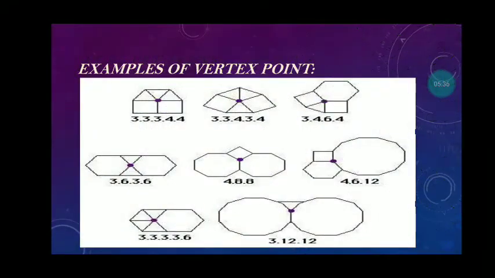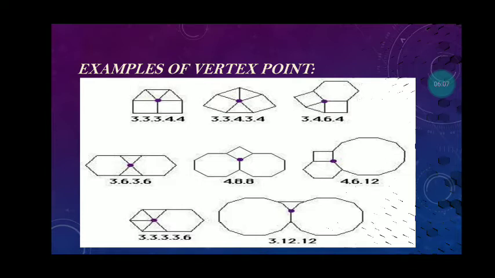So here are examples of vertex points. As you can see, this kind of tessellation is irregular, which we can tackle on the second page. Take 3.3.3.4.4. Why is it 3.3.3.4.4?